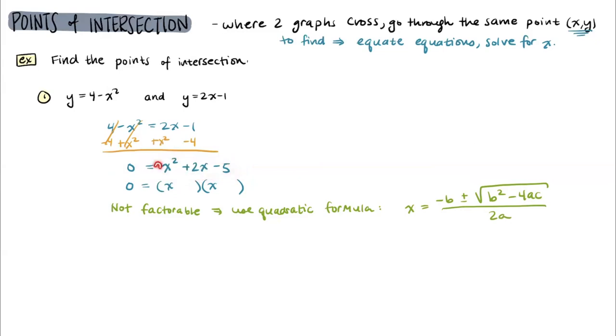So a is 1, b is positive 2, and c is negative 5. Go ahead and pause this and write down what you think you'll get when you solve for x here.